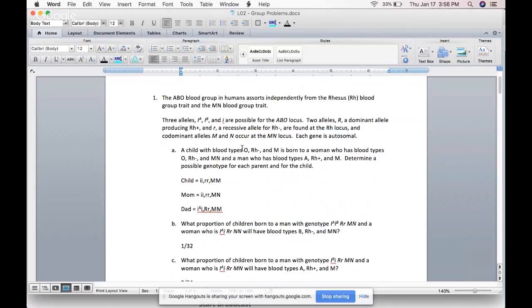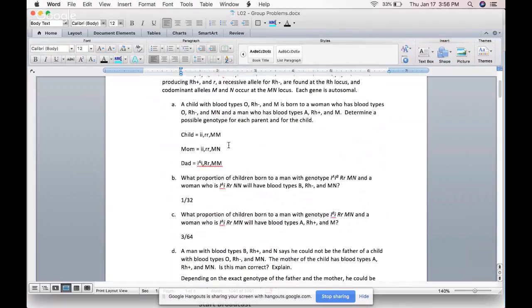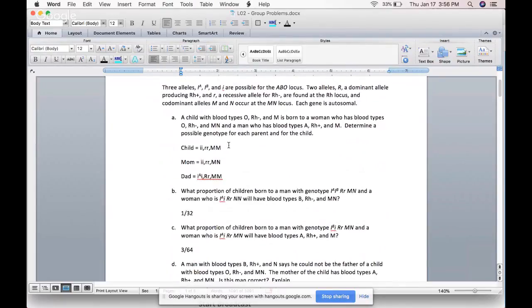That's what I did for B and for C. For A, this one just says determine a possible genotype for each parent and for the child. That's pretty much what I did. I didn't think there was a whole lot more to it.